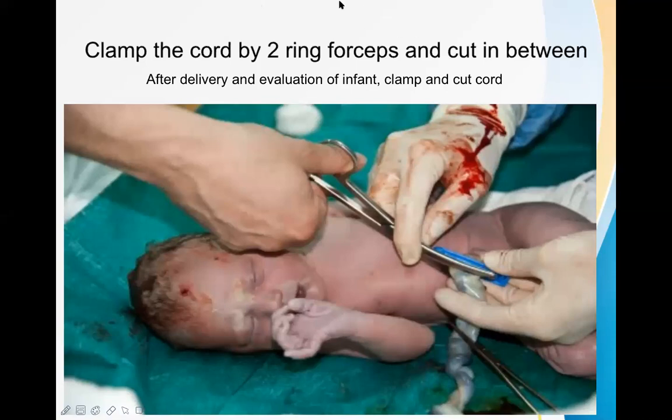Now, some practical information, because some of you, I am sure, would soon enter the delivery room, especially the girl students. Probably they are more interested in this particular subject than the boys.